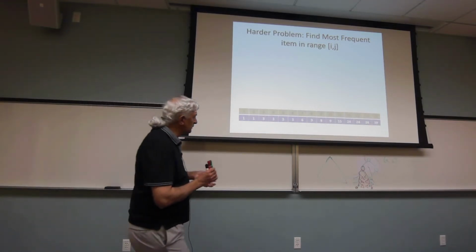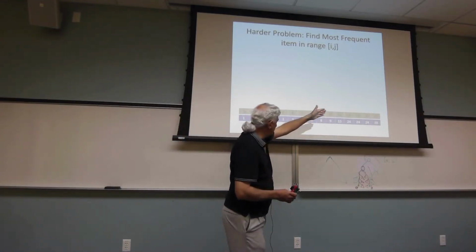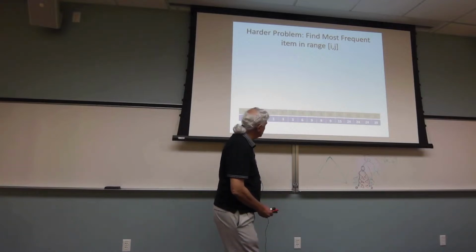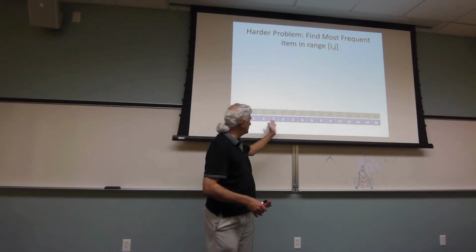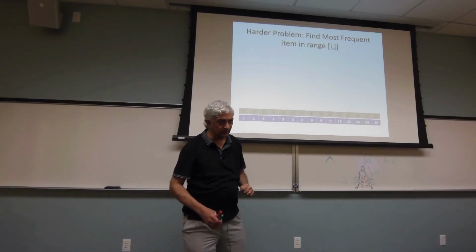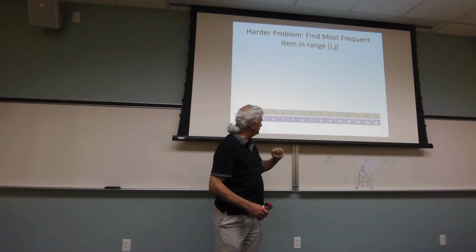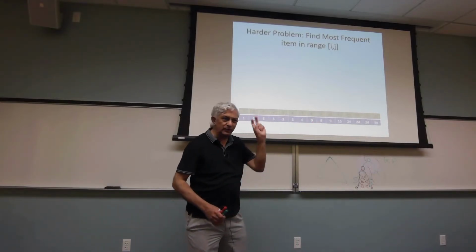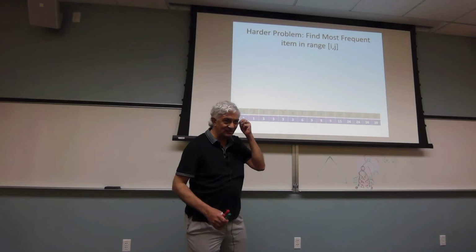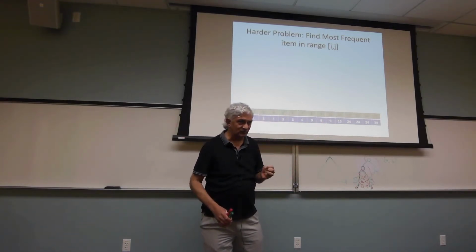Okay. So if I go from 2 all the way to 12, then the most frequent item is 3 because it appears 4 times, right? But if I go from 5 to 12, then 3 only appears twice, and now the most frequent item is 9 because it appeared 3 times, right?